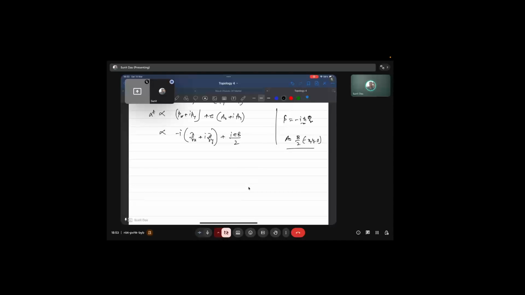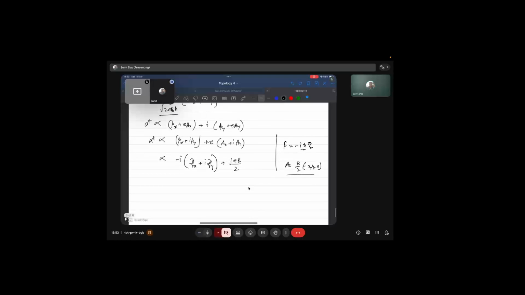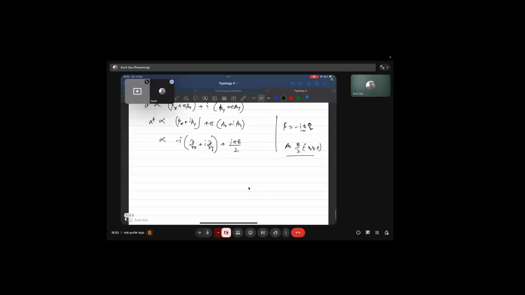So this is the symmetric gauge. Then we have something like x plus i y.